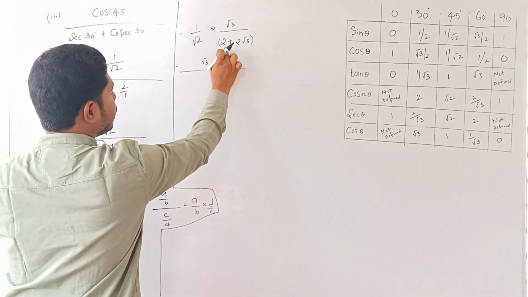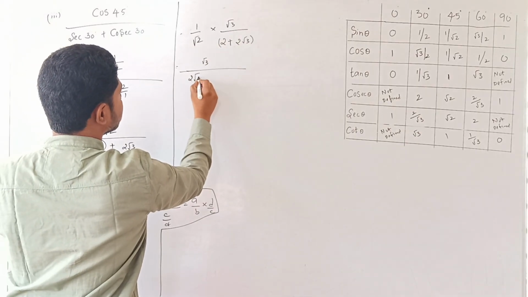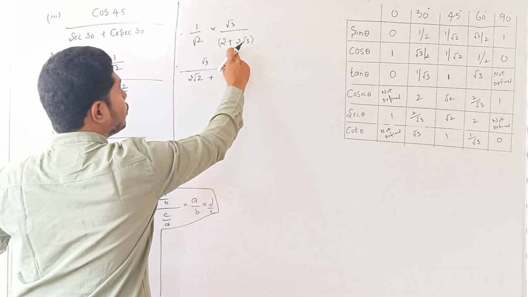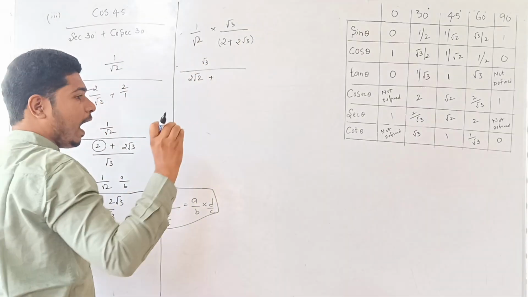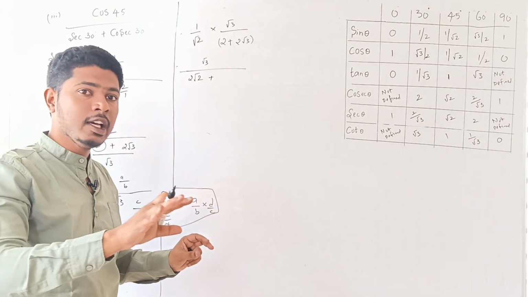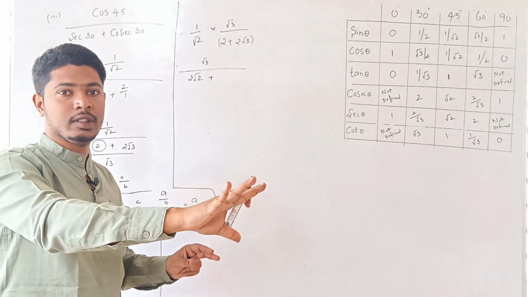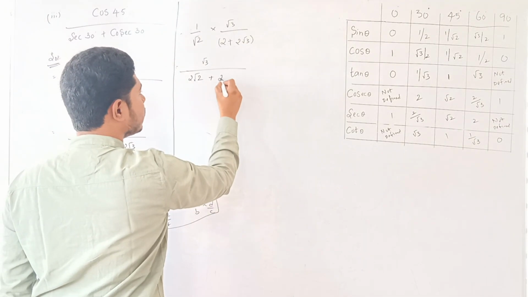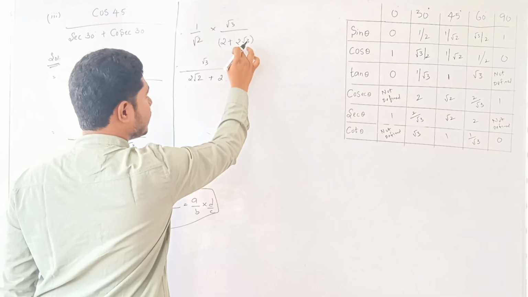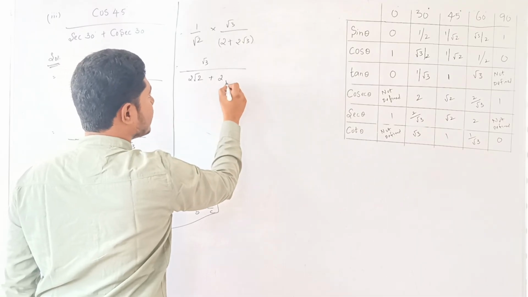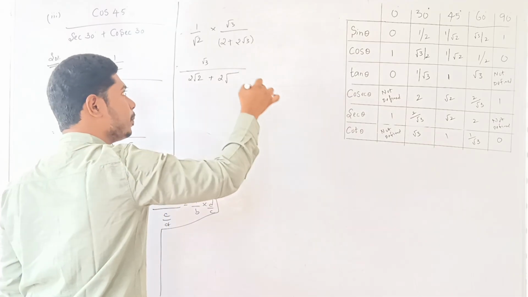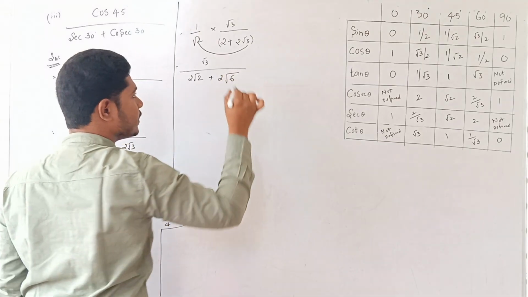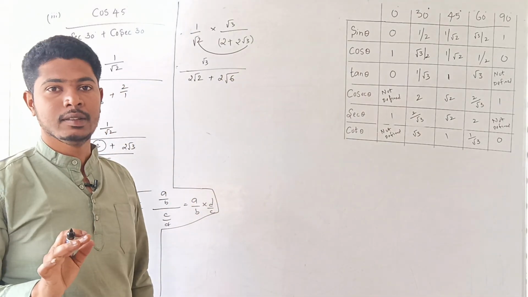Root 2 into 2, 2 root 2. Then root 2 into 2 root 2. We have to multiply the roots, not the value with the roots. See, I am simply keeping the root 2 here and I am simply keeping the value of 2 here and I am placing the root. Then I will multiply 2 into 3, that is equals to 6. This is how we have to multiply.